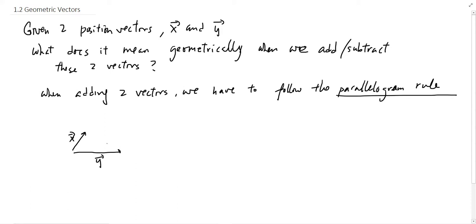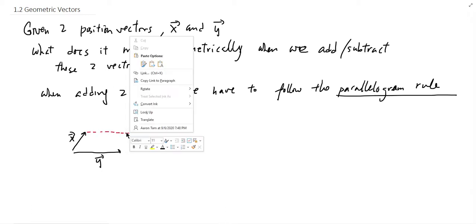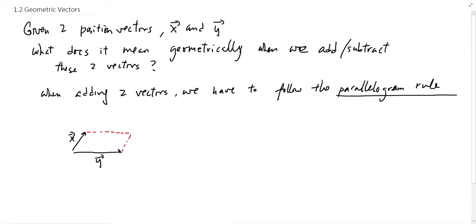What happens when I add these two vectors together? We use these two vectors as two adjacent sides of a parallelogram and form a parallelogram out of these two vectors. This side is parallel to x, and this one right here is parallel to y. And when you form this parallelogram, the position vector defined from here to here becomes the vector x plus y.